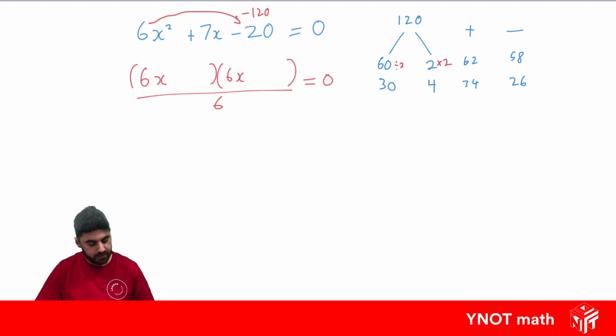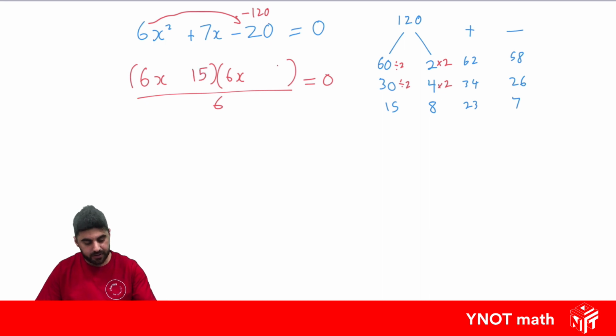Let's try dividing this one by 2 and timesing this one by 2. That gives us 15 and 8. If you add them up, it's 23, and if you find the difference, that's 7. And that's exactly the number we're looking for. So these are the numbers we need for our factorization.